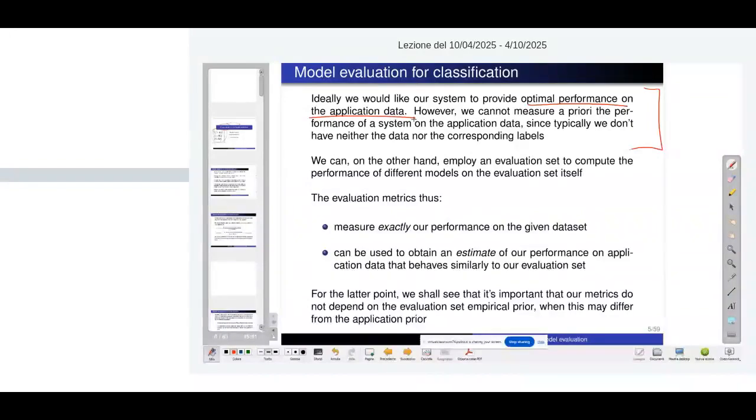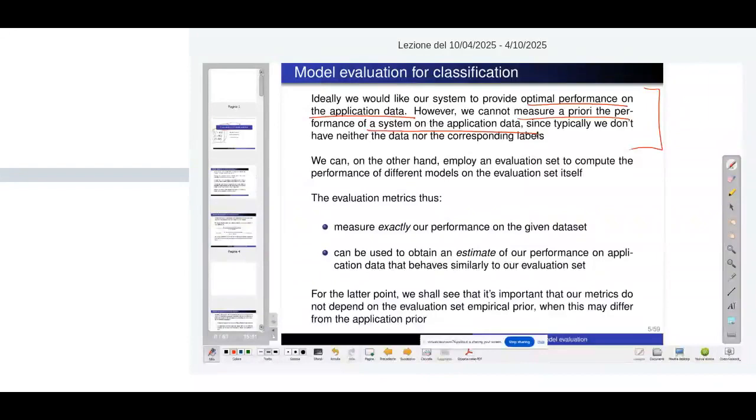And we would like also to predict how such a classifier, an optimal one or even a not optimal one, would perform on application data. Now, unfortunately, measuring the performance on the application data is not possible. It's not possible before we actually have classified the data and have retrieved the real label of the data that we classified.